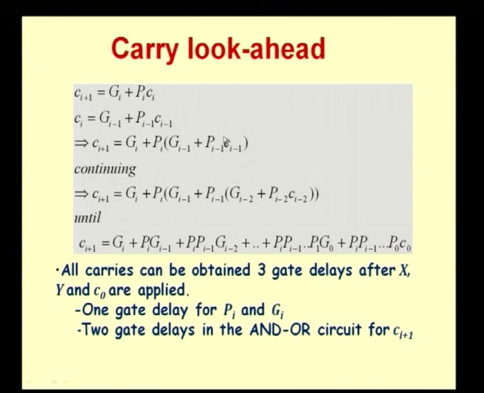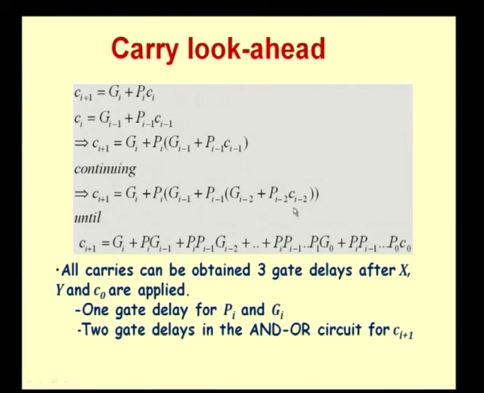This Ci minus 1 can be further replaced by Gi minus 2 and Pi minus 2 into Ci minus 2. If you continue in the same manner, your Ci plus 1 now will be Gi plus Pi into Gi minus 1 plus Pi minus 1 into, now the Ci minus 1 we are replacing with Gi minus 2 plus Pi minus 2 into Ci minus 2. So you can get the idea of what we are trying to do.